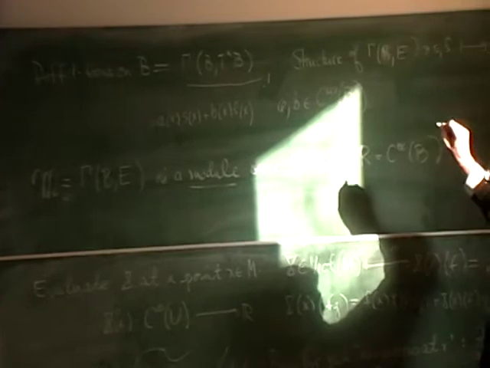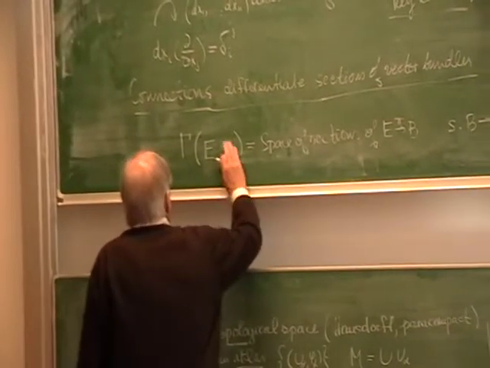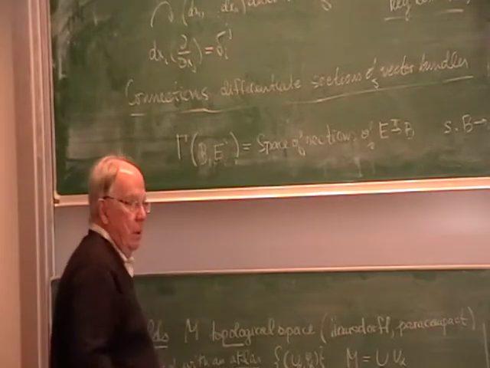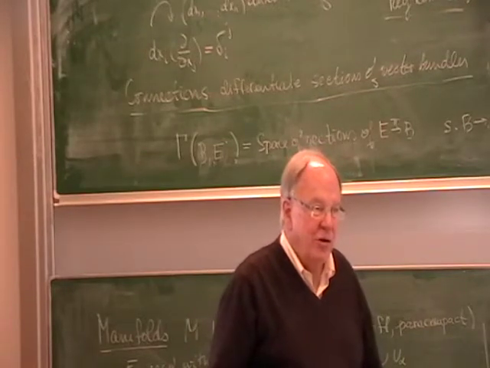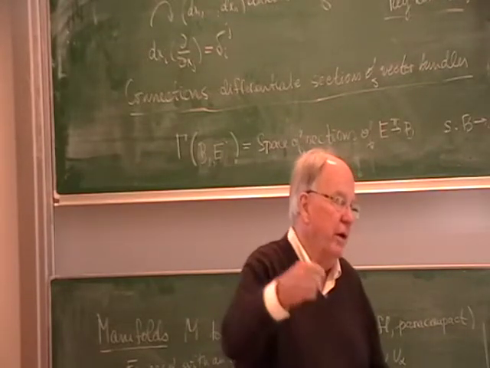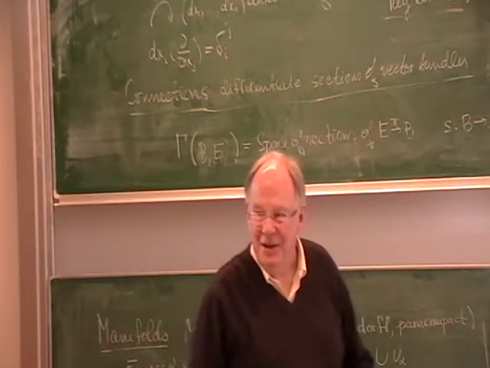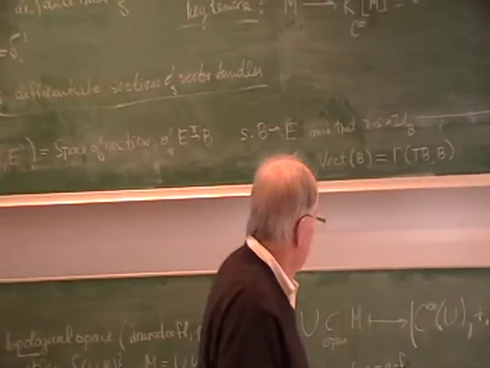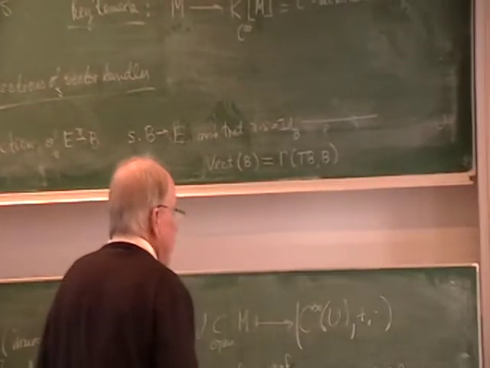The sections over B of the vector bundle E. Then change this, same mistake. The sections over B, you just have to say it right and then you can write it right. The sections over B of the vector bundle E. Did I write it wrong some other places? Thank you for catching this. The vector fields over B is gamma of B and then TB, right?